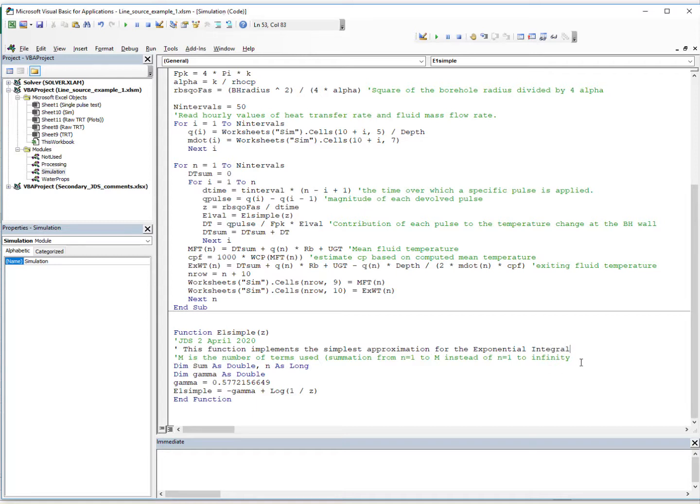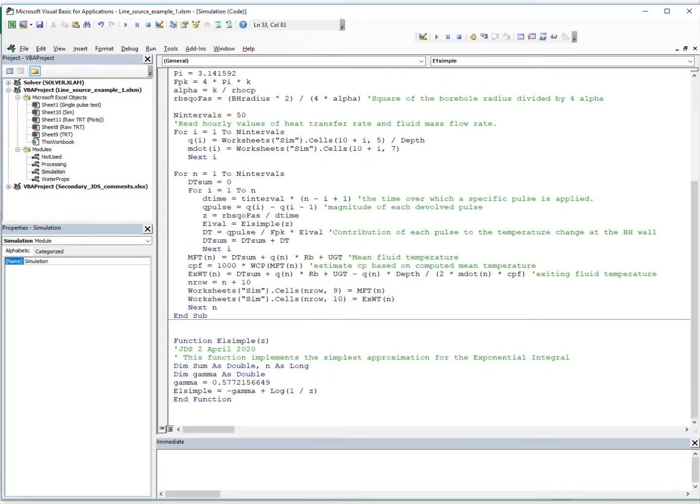And we don't need this other comment here. I think I had a 10th order expansion. Actually, that's what I started with before I decided just to drop all that. Okay, so that's saved.